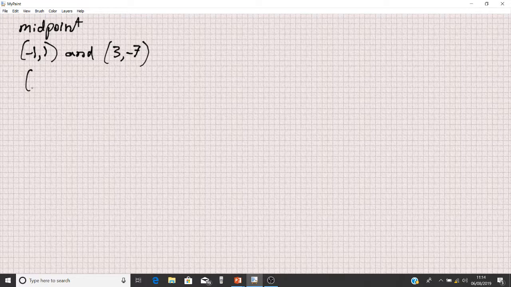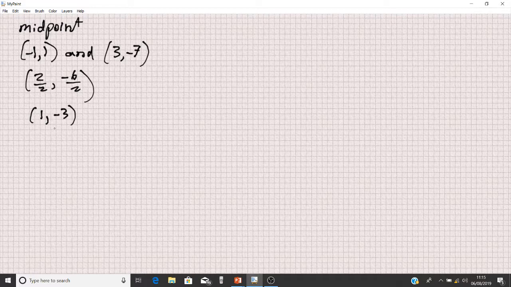So the x coordinate will be -1 plus 3 is 2, divided by 2. And the y coordinate is 1 minus 7, which is -6, divided by 2. And they simplify down to the midpoint being (1, -3).